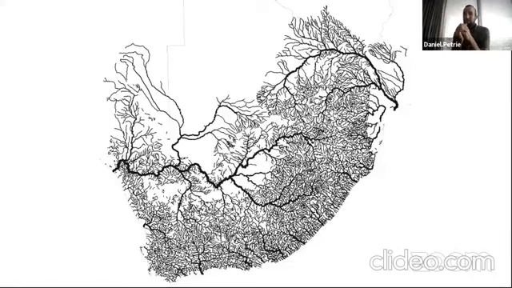So this is an image I came across which is really quite captivating. Some of you will recognize it as a map of South Africa and parts of Namibia and Botswana, which it is, but it's kind of a route map.